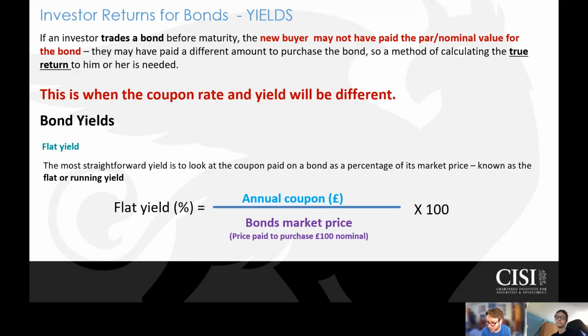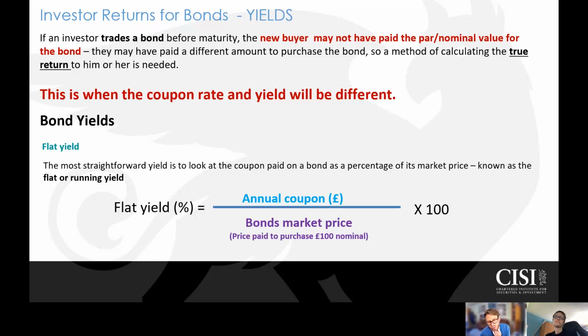But if the bond is being traded at £100 per £100 nominal, the coupon rate and the yield will be the same. So if it was a 5% coupon, the yield would be 5% if you were paying the £100 per £100 nominal for the bond, as it would have been when it was issued. It's just if the bond price changes that the yield will be different from the coupon rate.